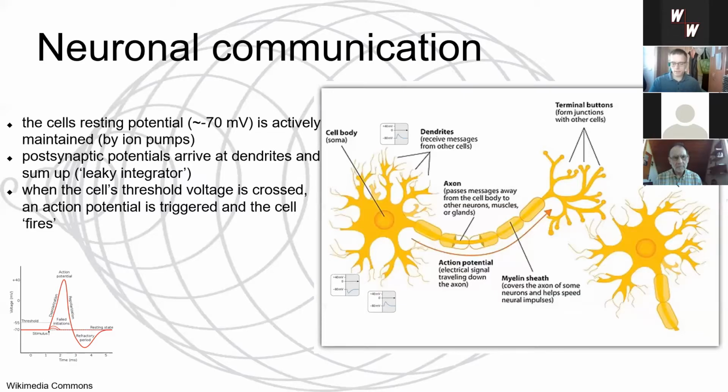So this is the basic mode how most of the cells in our brain communicate with each other. There are other modes, but they don't play such a big role. The majority of cells in our brain's gray matter communicates in this way.